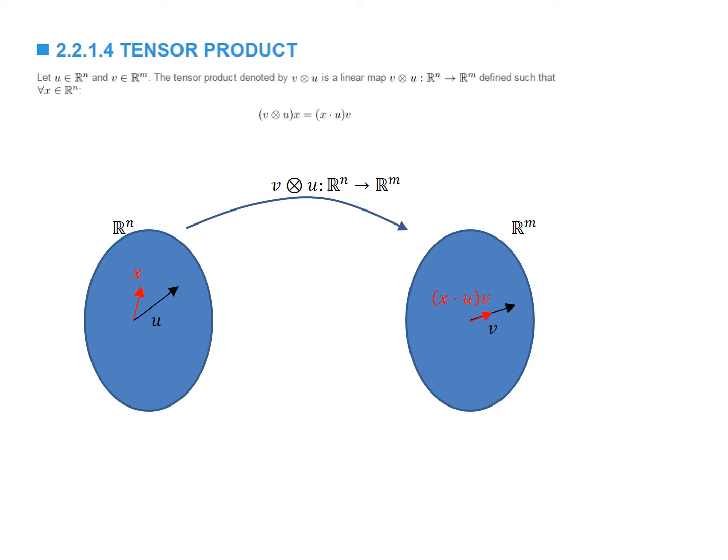Given a vector x in R^n, v tensor u takes x and gives me the vector (x dot u) v in R^m.